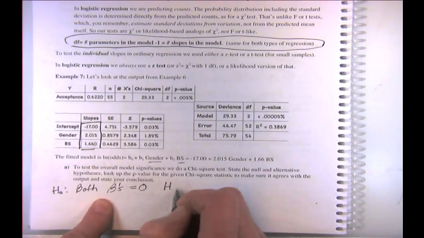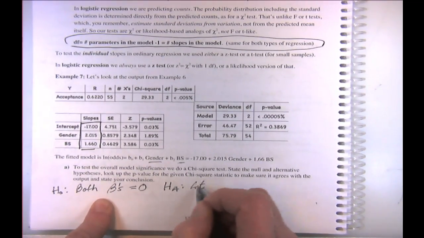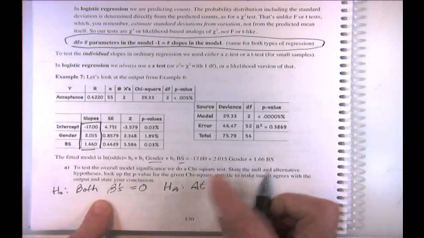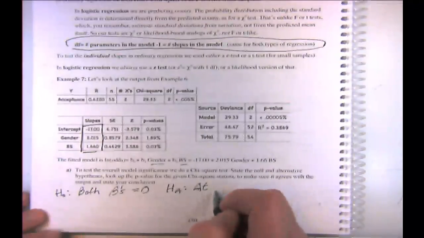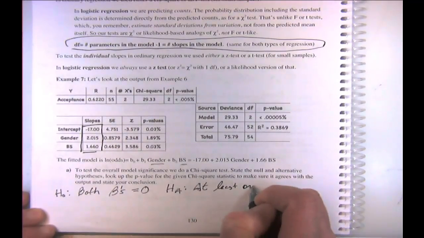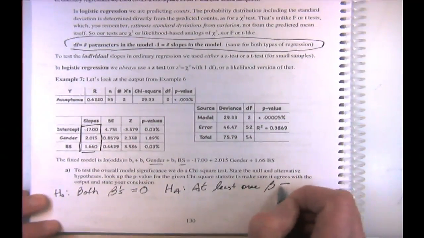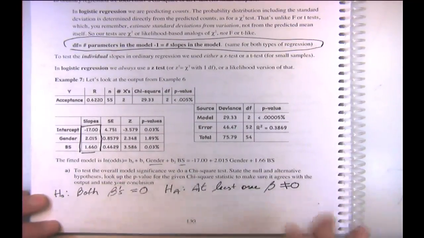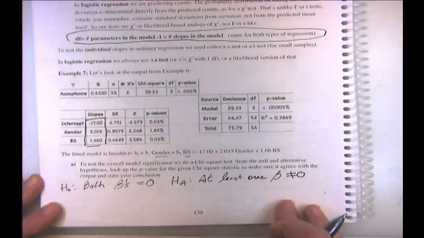And our alternative is what? That at least one of them is not. That means either the gender or the biological science, or both of them are not 0. So at least one beta is not equal to 0. That's it. And then let's look at what we get here.